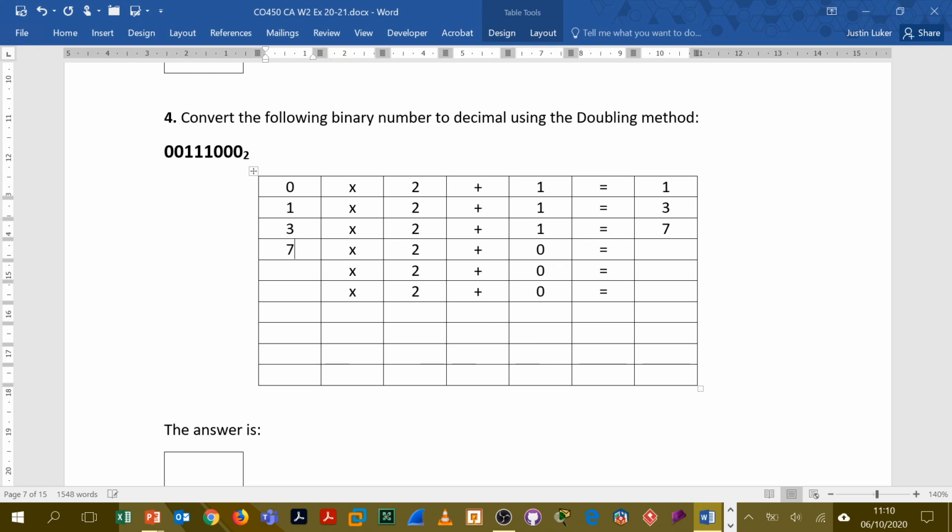So 7 times 2 is going to be 14. We've got a 0 next, so 14 is going to be brought down, and then times by 2, it's 28. I don't necessarily need to add anything in, or I'll put it over here just for completeness. But that was 14, 28, and then 28 times 2 gives us 56.